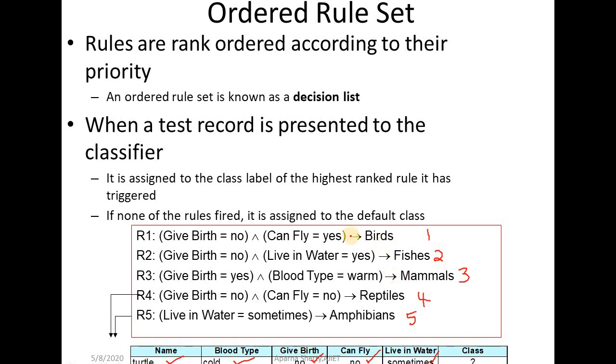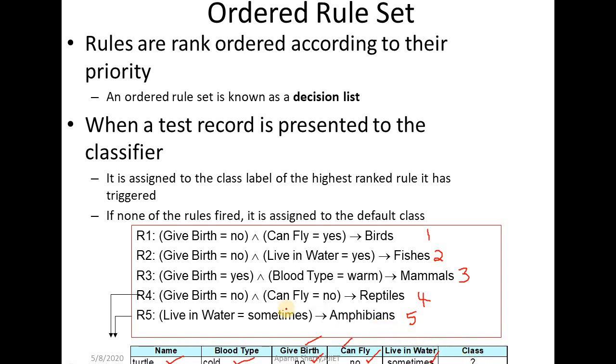If you look at the rules, rule R4 says gives birth is equal to no and can fly is equal to no. These two attribute value pairs are satisfied by rule R4. Hence we can classify the class for turtle as reptiles.